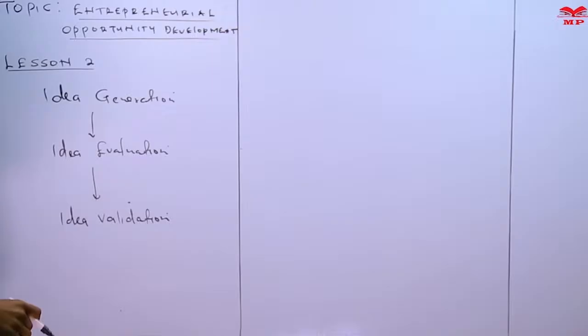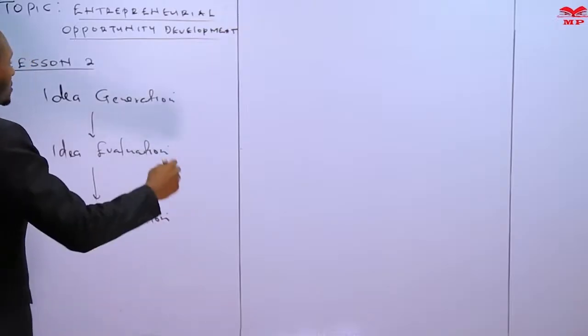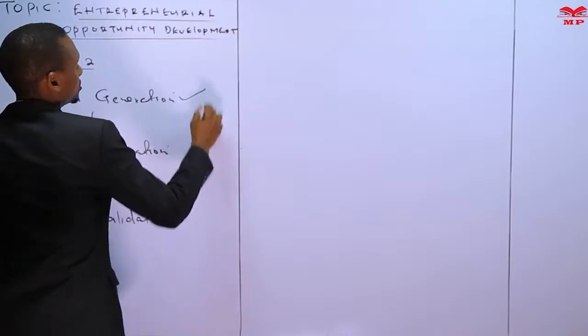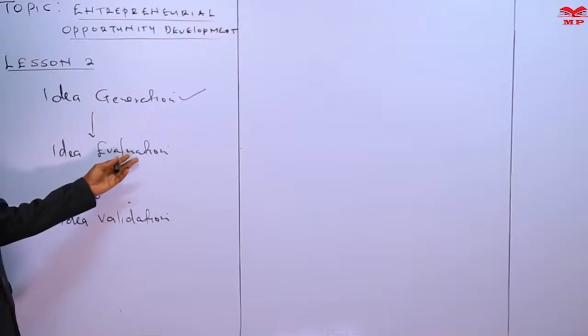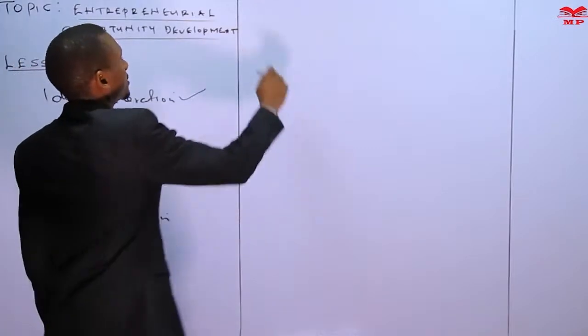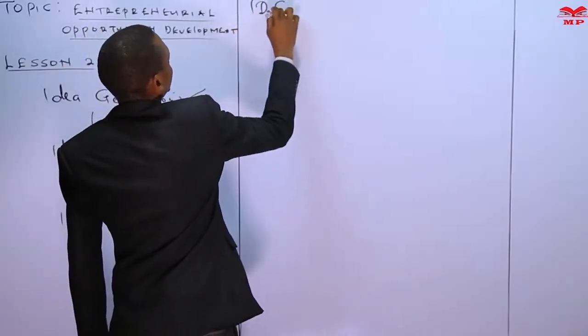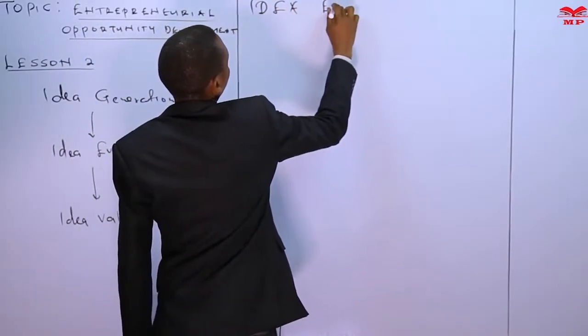Please note our discussion in lesson number 1 was idea generation. So our lesson number 2 is going to cover the other 2 steps in that process, which is idea evaluation and finally idea validation. We will start by looking at idea evaluation.